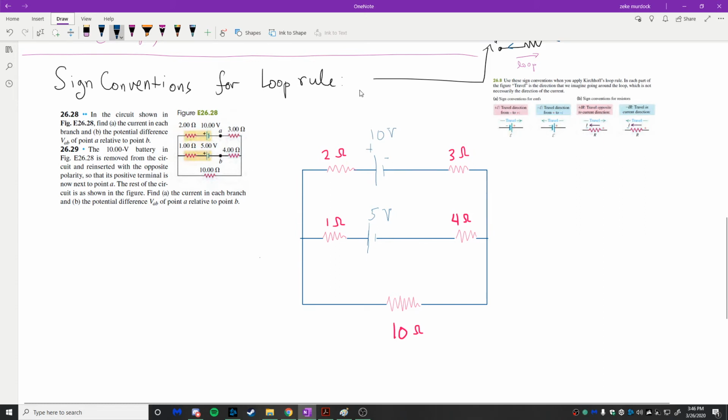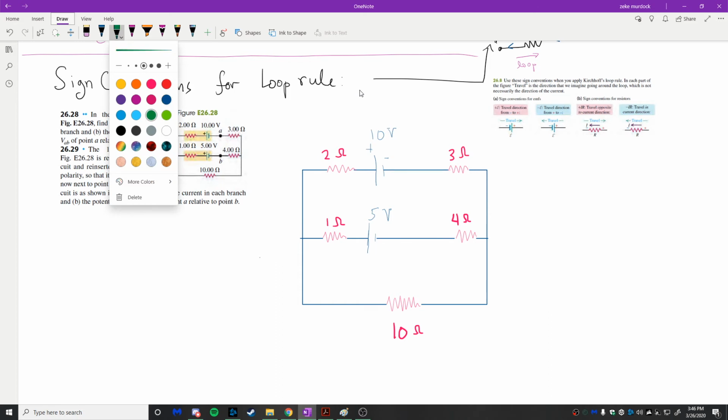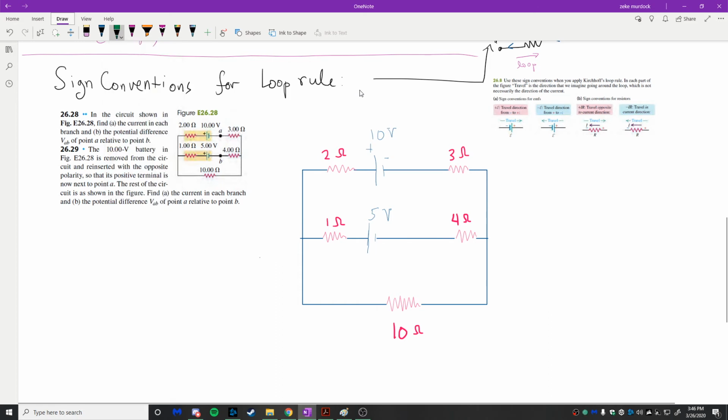So the first thing you have to do when we look at circuits like this is you need to label the direction of currents. It makes absolutely no difference how you do this, but the important thing to know is that anytime you see a junction, the current is going to split.